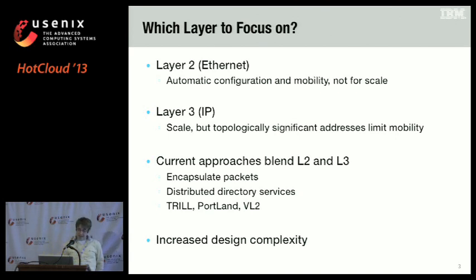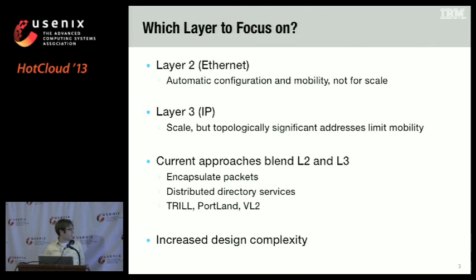Instead of keeping a separation between these two network abstraction layers, current approaches tend to blend layer 2 and layer 3 to achieve the goals on the previous slide. For example, they may encapsulate packets so that they hide the MAC addresses of the VMs from the switches. They may introduce distributed directory services to alleviate some of the overheads from broadcast.